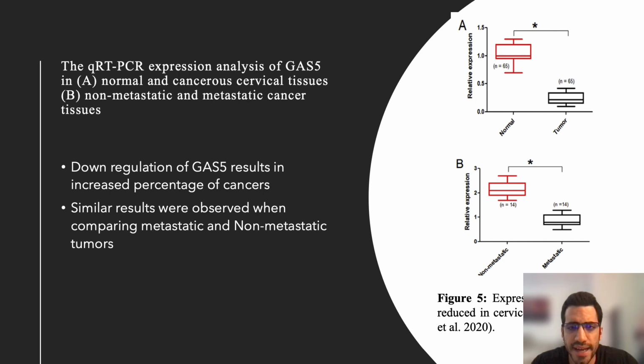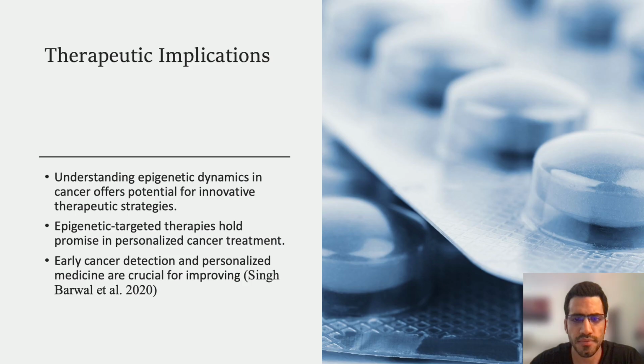He found that when the molecule was downregulated, we had higher expressions of cervical cancer compared to when the GAS5 was more expressed normally. The same phenomenon was observed when they compared metastatic to non-metastatic cancers, which you can see in figure B. So we can move on to the next slide, which talks about the therapeutic implications.